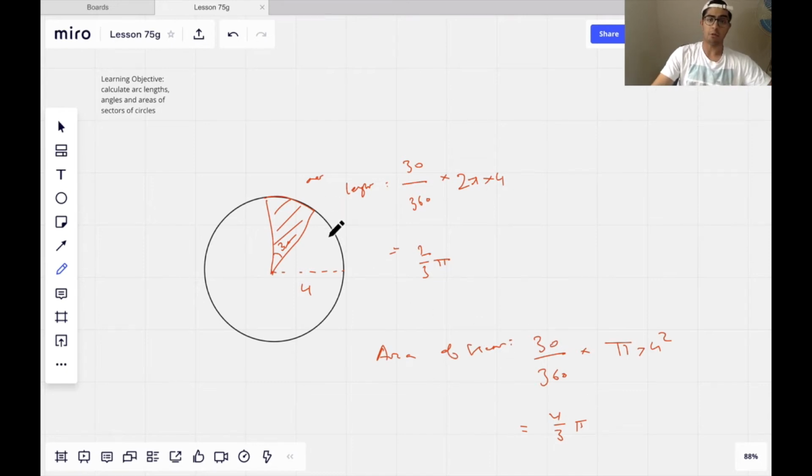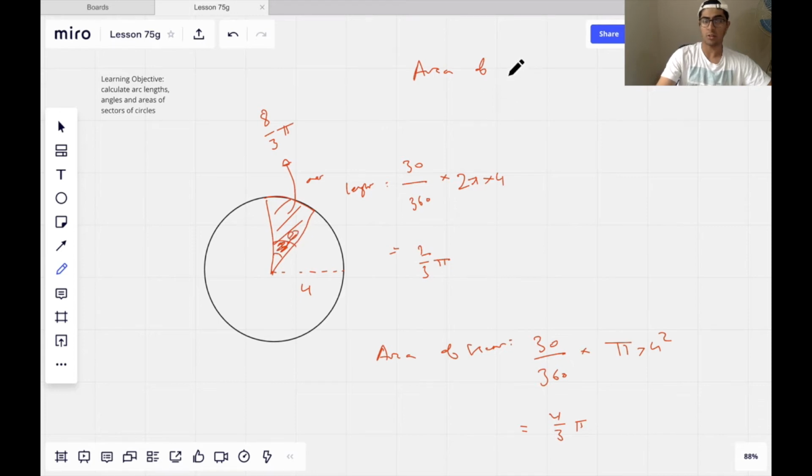And sometimes you have to reverse engineer this. They might tell you what the area is, say the area of this sector is 8 over 3 pi, and then ask you to find the angle, and of course the radius stays 4. So you might say, let the angle be theta.